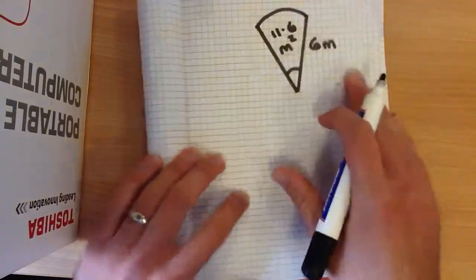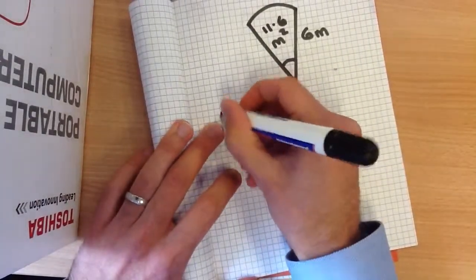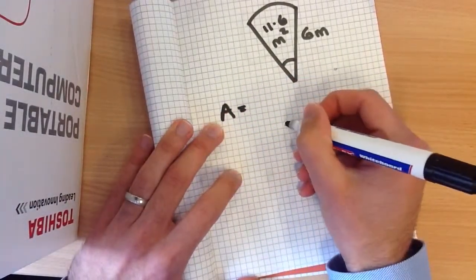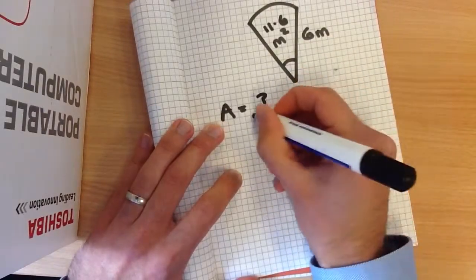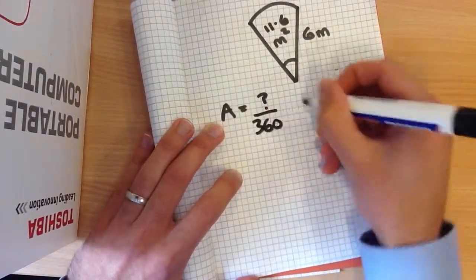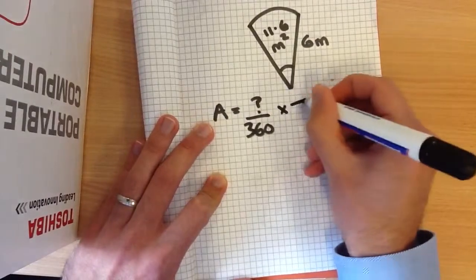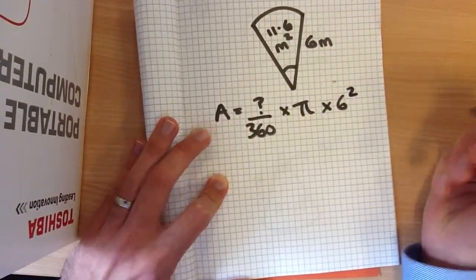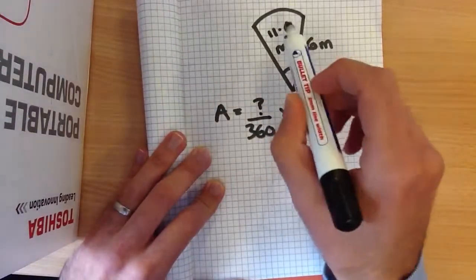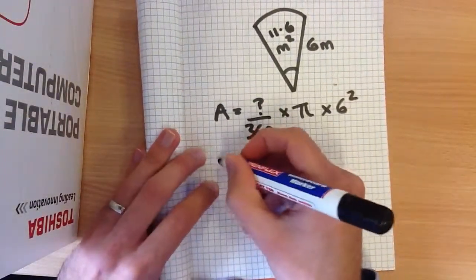So just like in the last video, the area of a sector is A equals the angle, well I don't know what that is, so I'll just put a question mark, divided by 360 degrees, times by pi, times by the radius squared. And like I said, in this particular case, we've been told the area. So let's just neaten that up a bit.